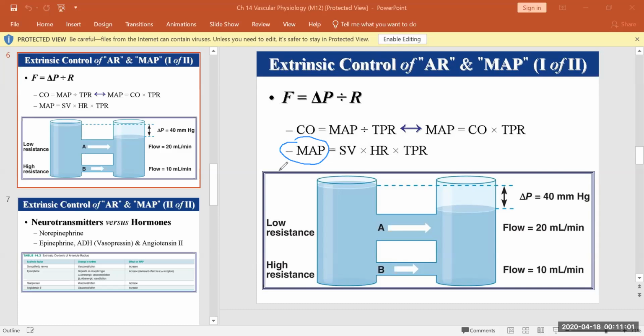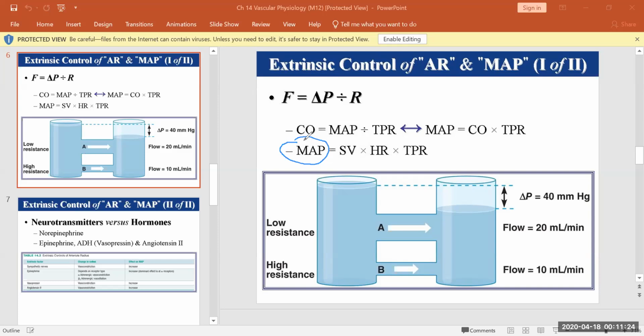Now, we are not talking about the heart. We are talking about blood vessels, right? Blood flowing through blood vessels now, because when we talk about the heart, it's blood being pumped out of the heart, and then it goes through the blood vessels. So now the center of attention, the star of the movie, is the blood vessels.